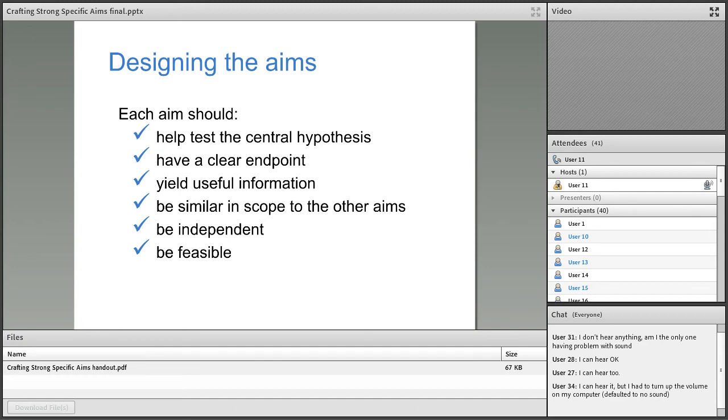Also, program officials at the NIH are usually happy to review specific aims.